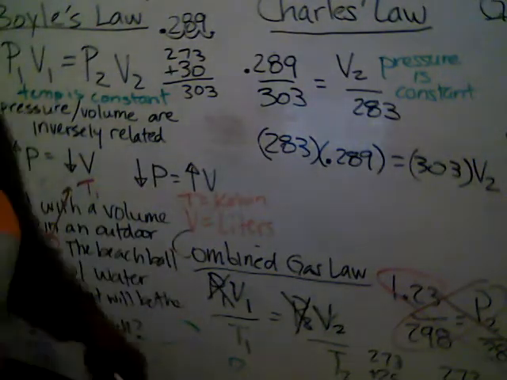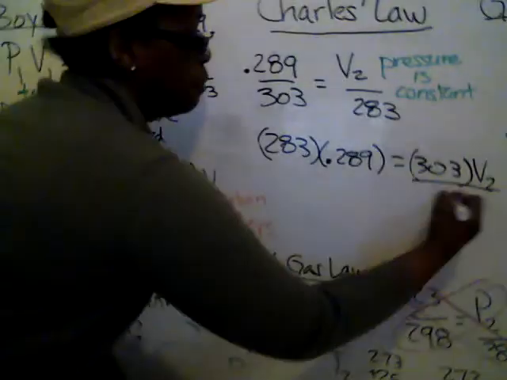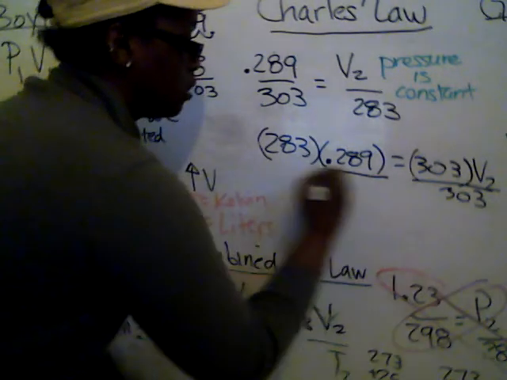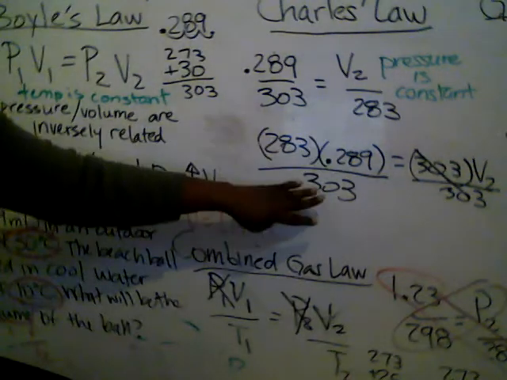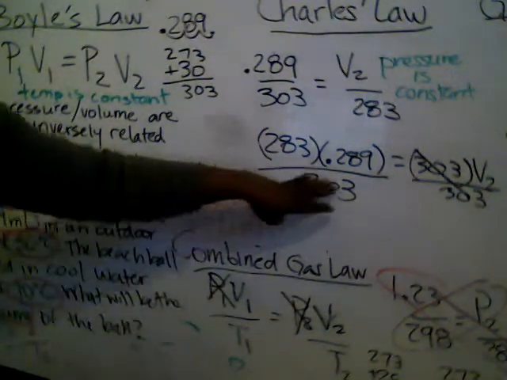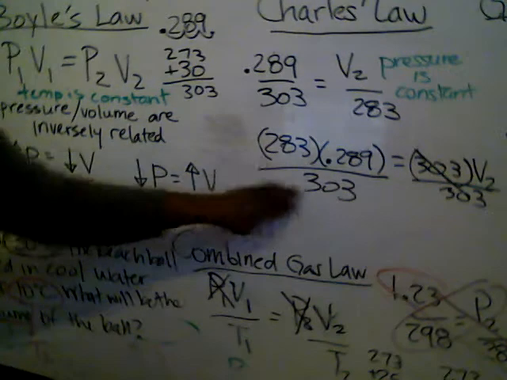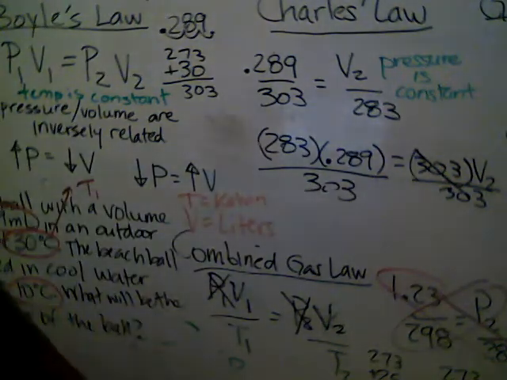And then if we want to solve for V2, we would just divide both sides by 303. Okay. And this would give us our final volume. So remember, the units for volume would be liters. So whatever this number ends up being would be in liters for your unit.